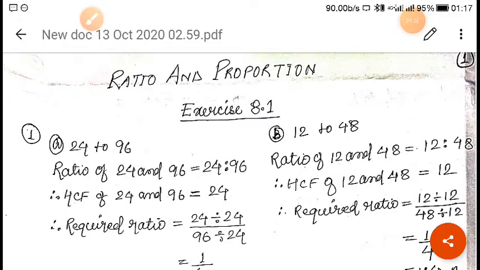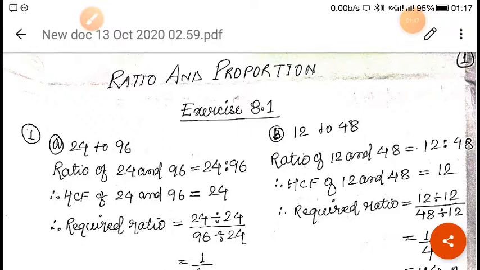One way is by finding the difference between the two quantities, and another way is by dividing. So we will see one by one, first how to compare these two quantities by finding their difference.